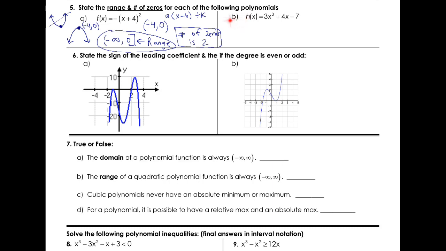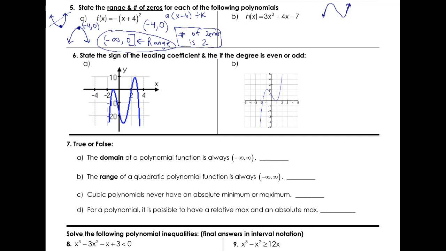Less work on B. Right here, we see that this is an odd function. So, there's no negative in front, so we know that we should have a left side down, right side up with 3 pathways. So up 1, down 2, up 3. We know we have a graph that looks something like that.